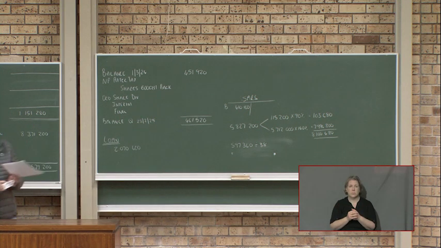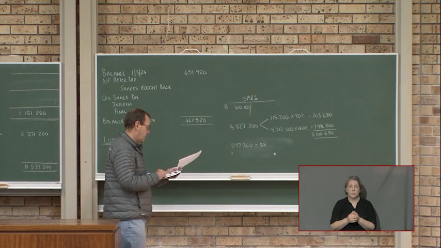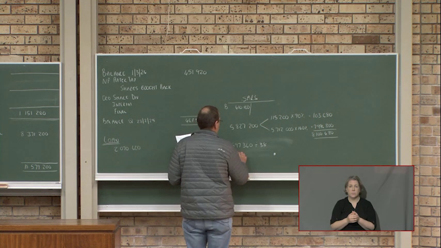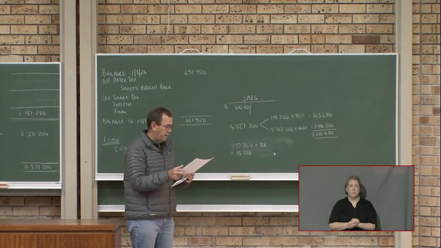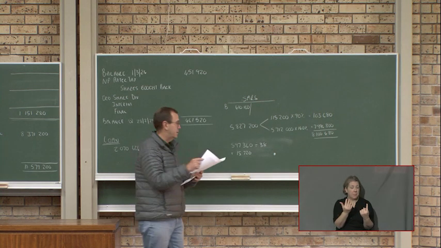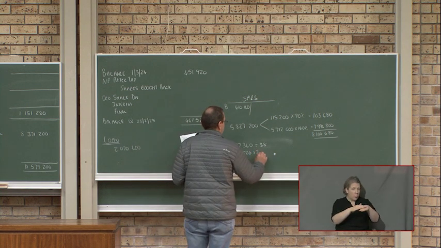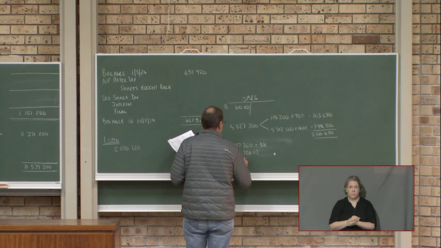And that gives us a payment of 15,720. And that one guy, he received 2 months in advance. So we have to multiply by 2. And that's 31,440.